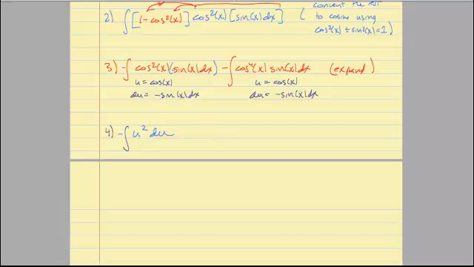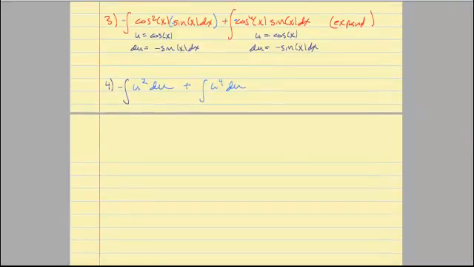Now for my second one, the same thing. I need a negative on the inside, compensate with a negative on the outside. So here I'll have plus u to the fourth du. And of course, integrating from here is going to be pretty easy using your good old power rule. This is where I integrate. So integrating, I end up with negative u cubed over 3 plus u to the fifth over 5.